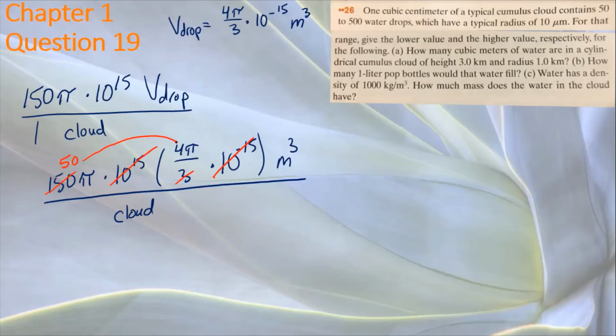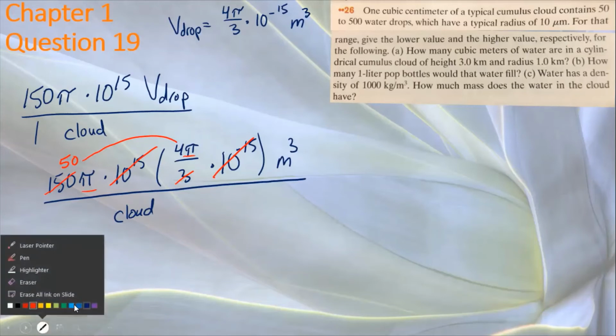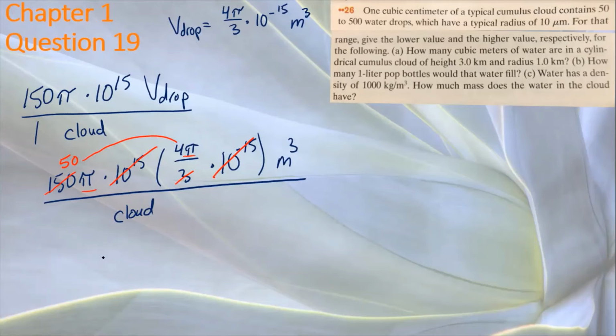Excuse me, 200 pi squared, because we have a pi here and a pi here. So we have 200 pi squared meters cubed per cloud.